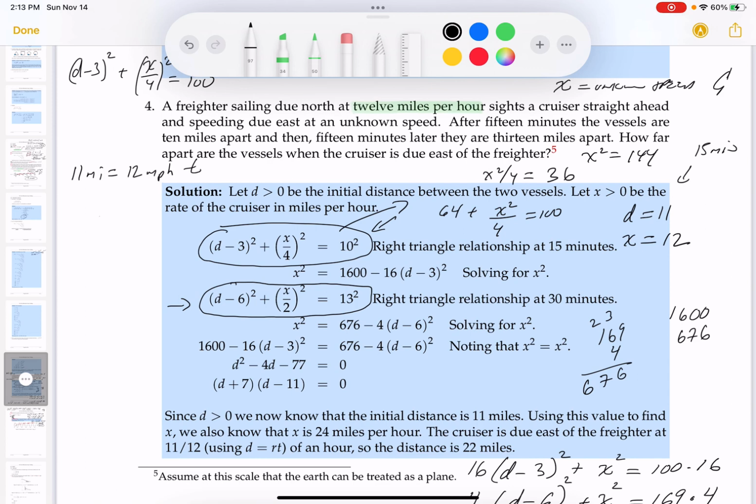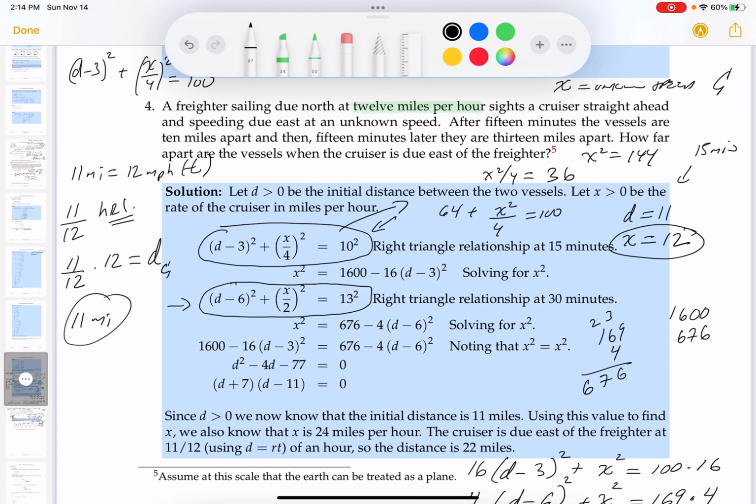How much time? Well, it would be 11 over 12 hours. And the other guy is going 12 miles per hour. So it's 11 twelfths, that's the number of hours, times 12 miles per hour. And that would give me the distance of the cruiser. And that's going to be 11 miles.